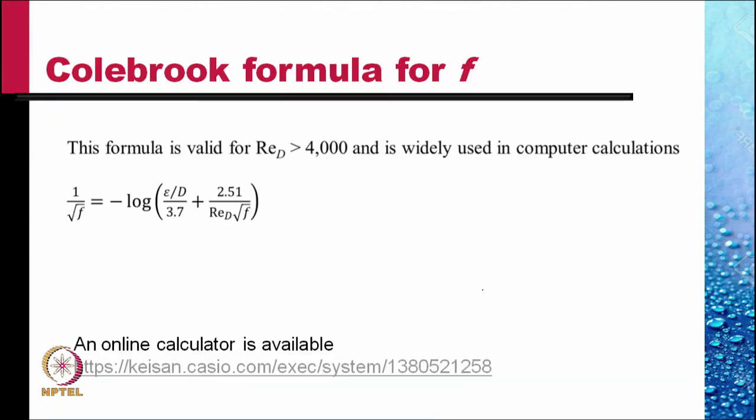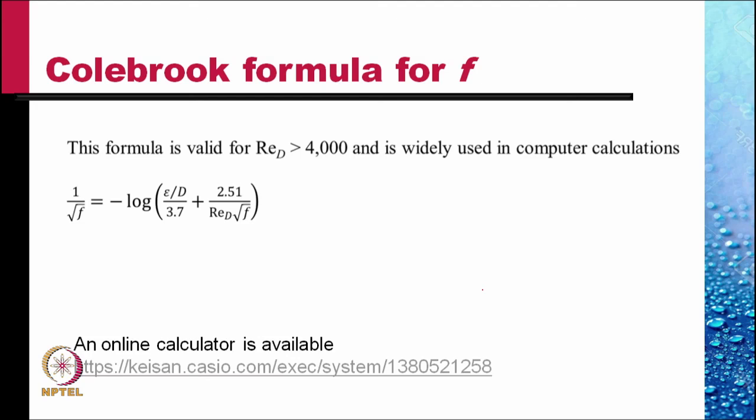Colebrook developed a formula for Reynolds number greater than 4000, which is widely used in computer calculation. 1 over root f is equal to minus log of epsilon by D divided by 3.7 plus 2.51 divided by Reynolds number based on diameter times root f.